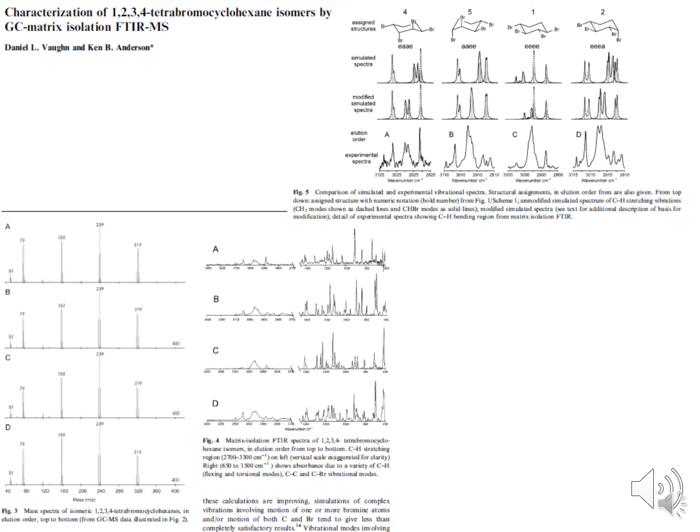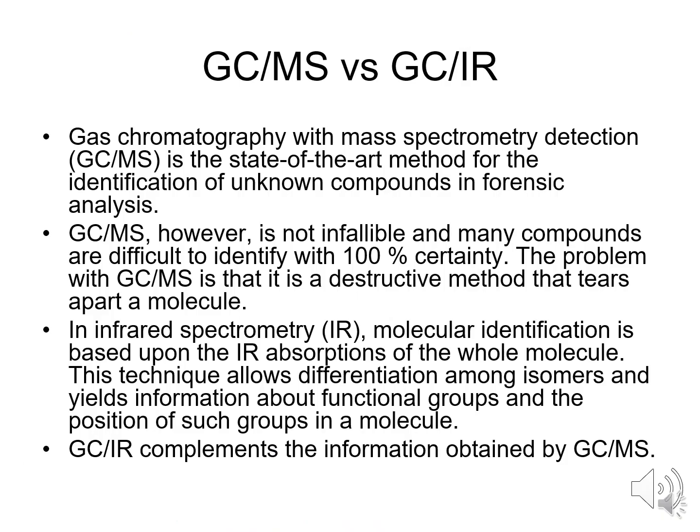Some other work here was done looking at particular isomers by GCMS. So, GCMS versus GCIR. Gas chromatography with mass spectrometry detection is the state of the art for the identification of unknown compounds and forensic analysis. Absolutely true. GCMS is not totally infallible and is unable to identify many compounds with 100% certainty.